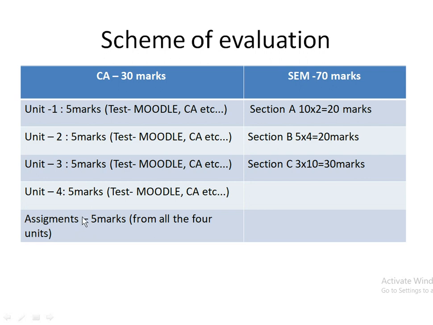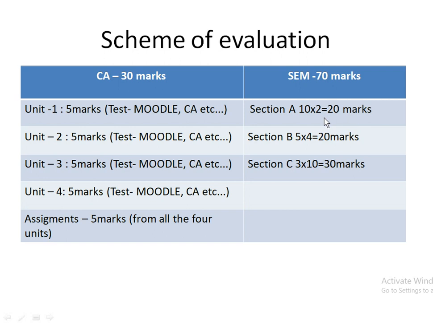The assignments mean we will be giving more assignments, more practice. For the regular submission and the quality of the assignment submission from all the 4 units collectively, we will award 5 marks. This is how we are going to award internal marks for the semester. I think you have understood. The semester you know already. This contains 3 sections, 70 marks.